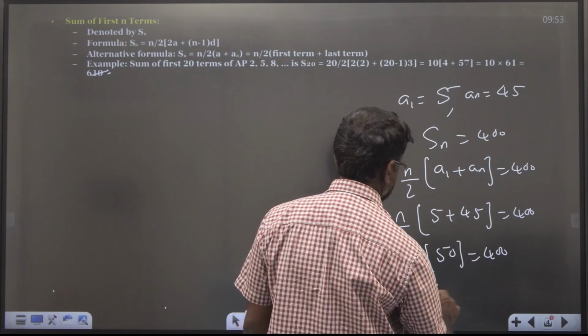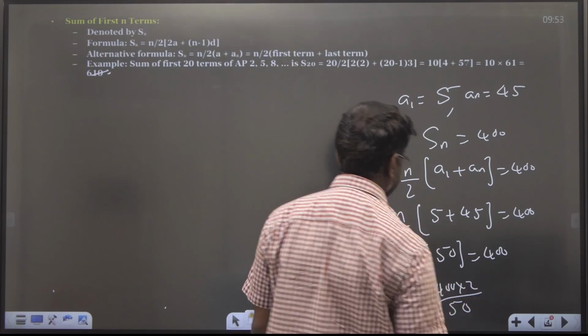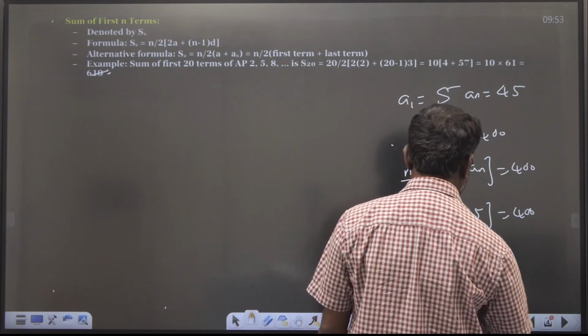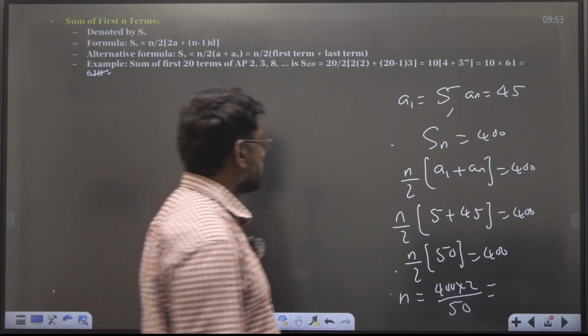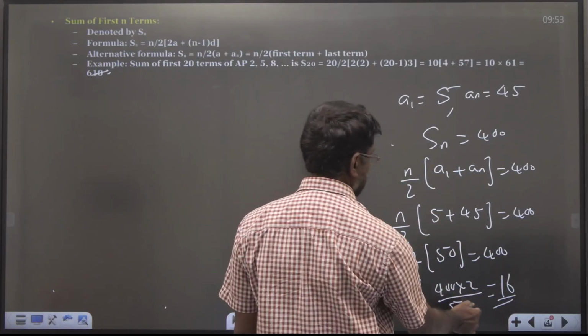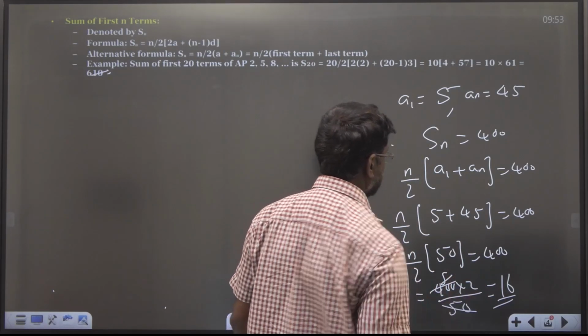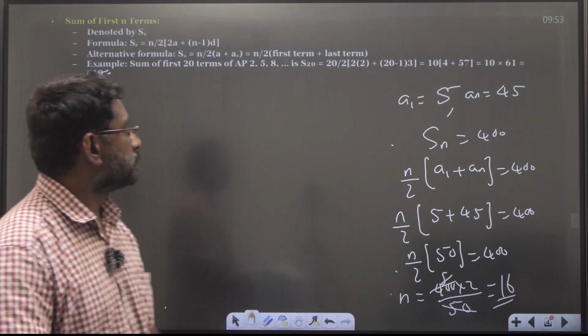That is n equals 400 into 2 by 50. So n is equal to 16.